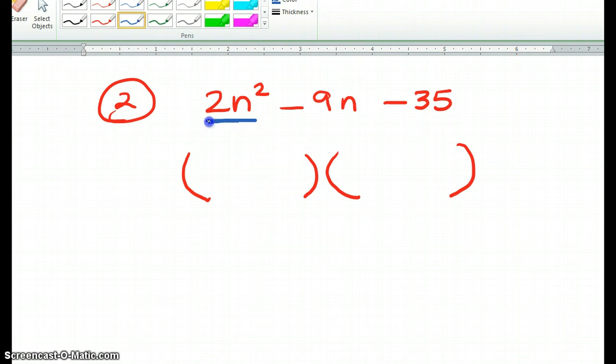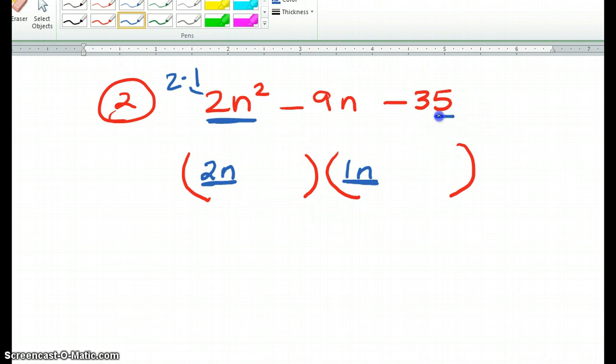So we want to get this as our first term, 2n squared. Well, luckily 2 is a prime number. That means we can only get 2 by multiplying 2 times 1. So this has to be 2n and 1n. No choice because 2 is a prime number.